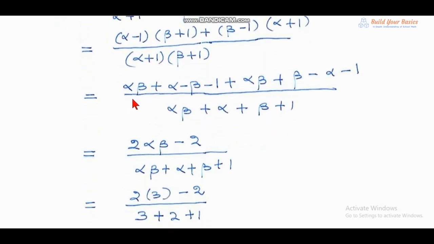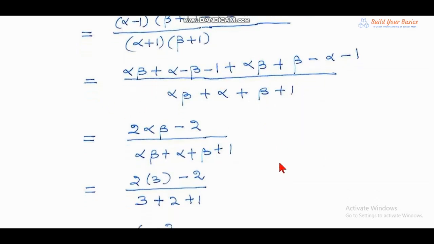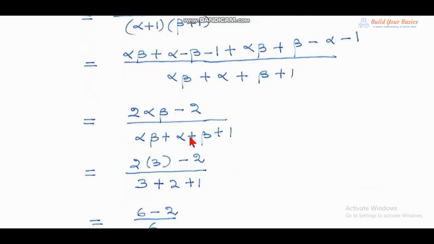Alpha cancelled, beta cancelled, so 2 alpha beta minus 2, divided by alpha beta plus alpha plus beta plus 1.